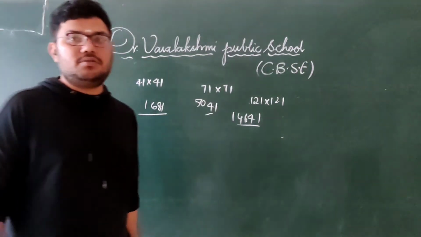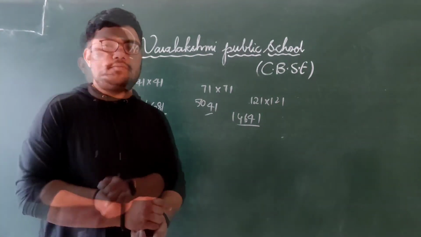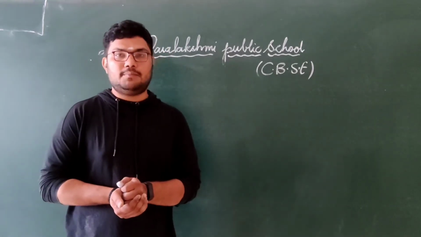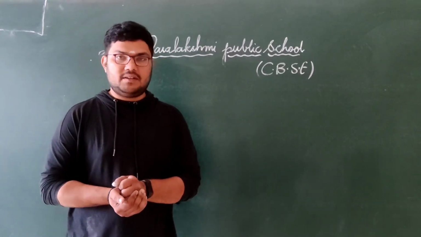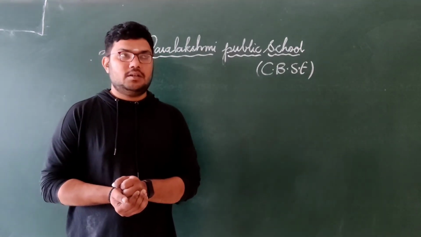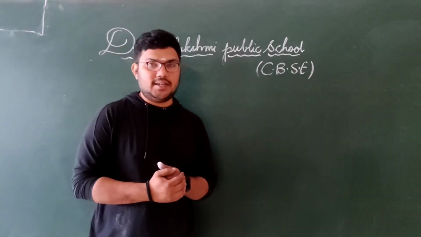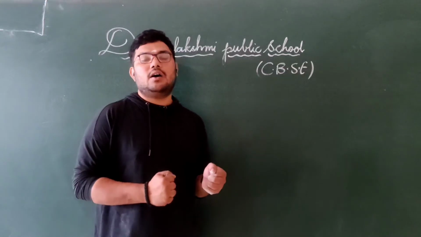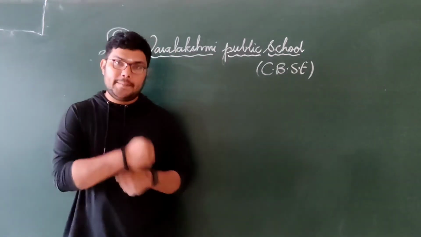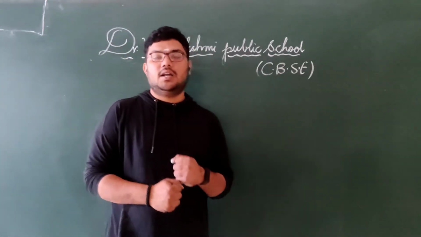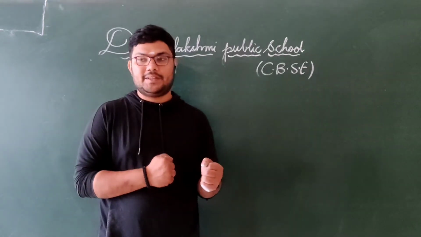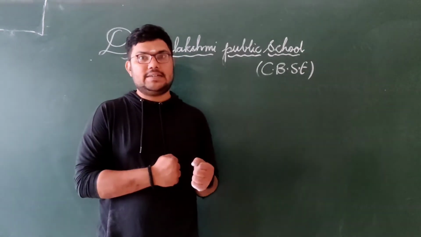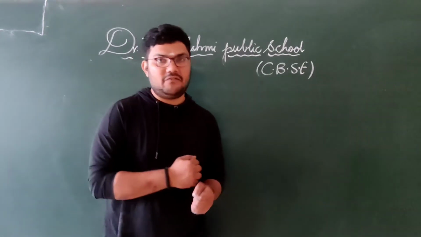So hope you guys understood this trick. So let's move on. Next, how to multiply a 2-digit number with a 2-digit number. Here is the condition: the tens place digit should be equal and the ones places should be complements of each other, like 9 and 1, 2 and 8, 3 and 7, 4 and 6, 5 and 5.